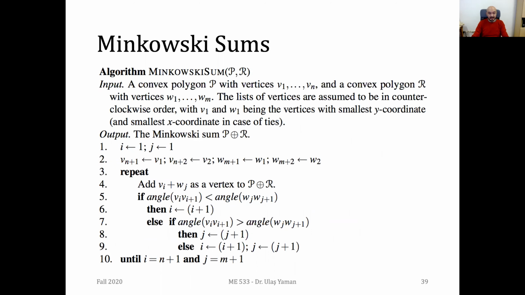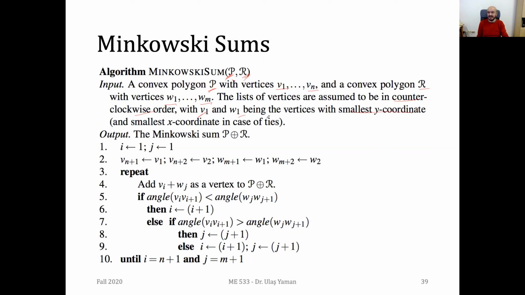Here is the actual pseudocode of the Minkowski sum of two objects, P and R. P has vertices starting from V1 to Vn, and R is again a convex polygon, with vertices starting from W1 to Wm. We assume that these are ordered in the counterclockwise direction, and the first vertex is the one having the smallest y coordinate.